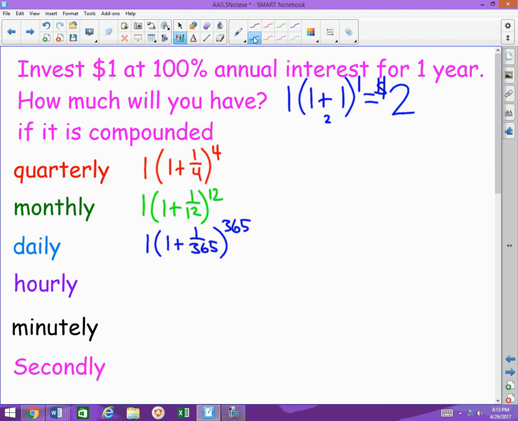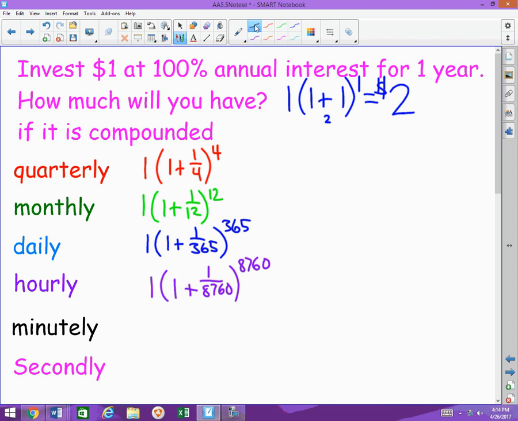For hourly, it would be 1 plus 1 over 8,760 to the 8,760. You just take 365 times 24 hours in a day.